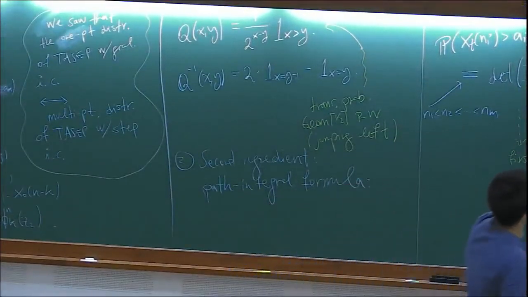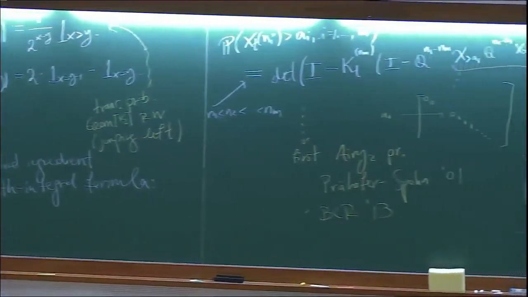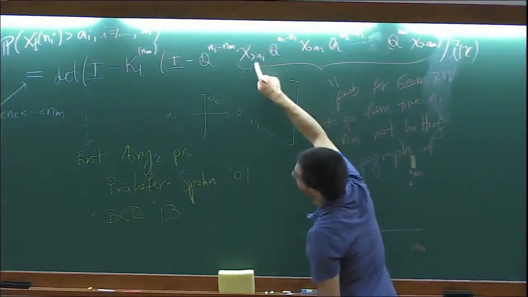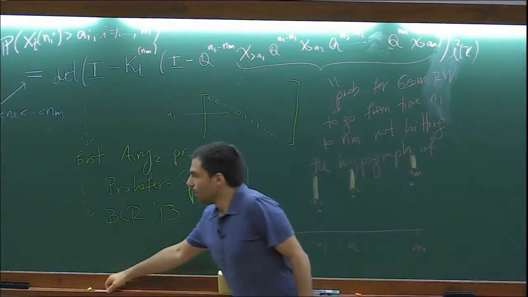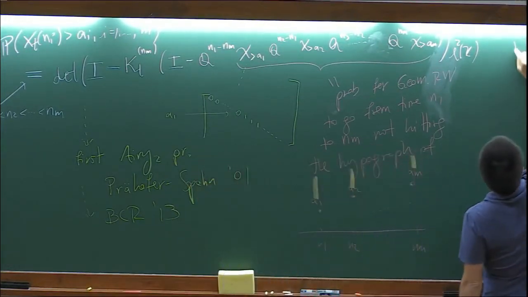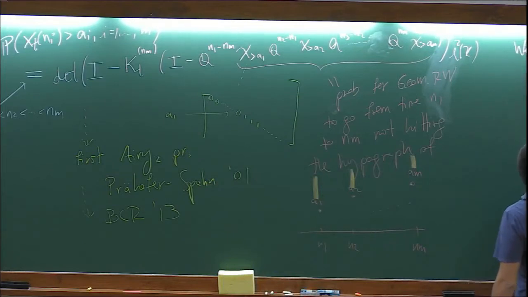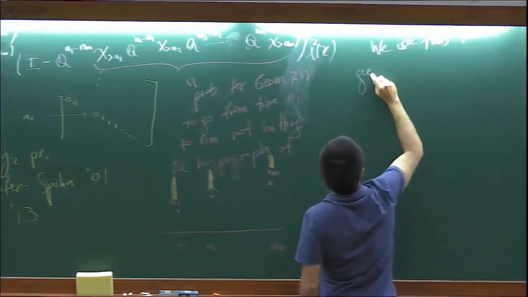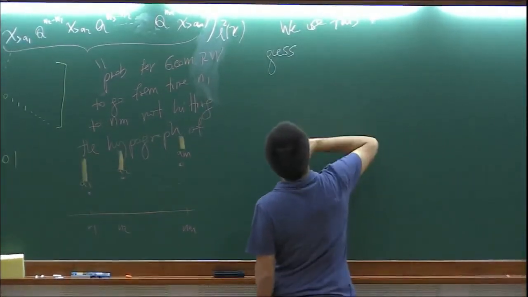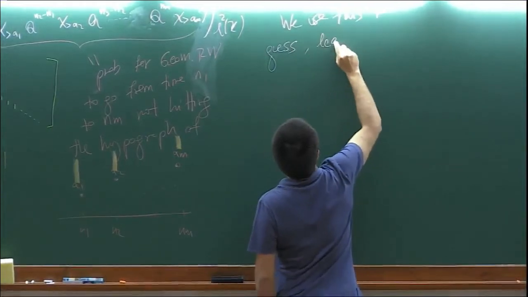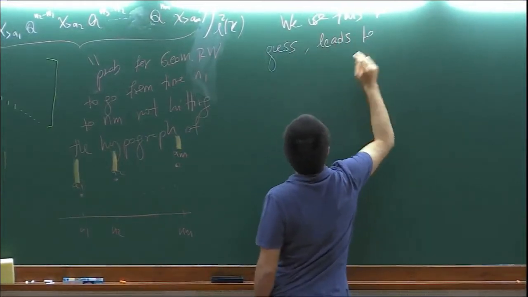So here I'm going from time n1 to time nm with 0 boundary conditions on these points, and if I try to solve that, it's given exactly by that. So that's the key idea. We use this to guess, and I just told you more or less where the guess comes from, and it leads to the following.